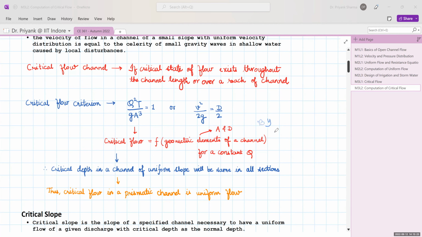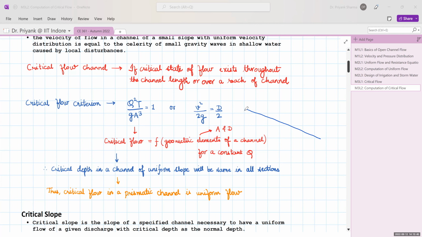For a rectangular channel, you may have b and y. For a triangular channel, you may have m and y, and for a circular channel, you may have y and D, where D is the diameter. Therefore, the critical depth in a channel of uniform slope will be the same at all sections.